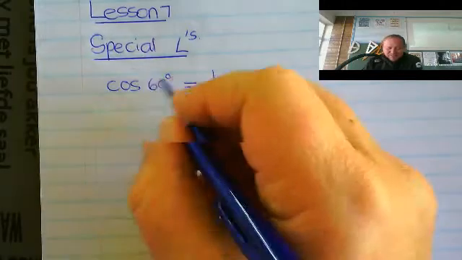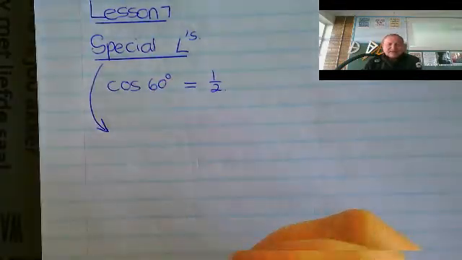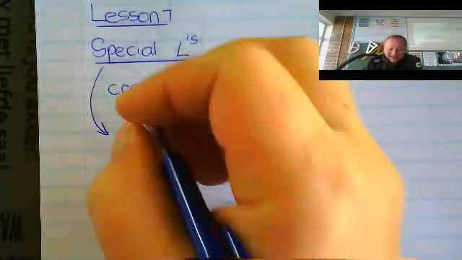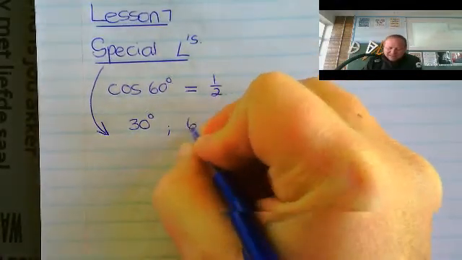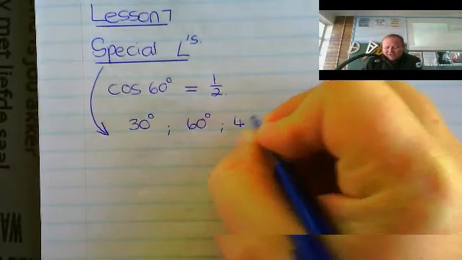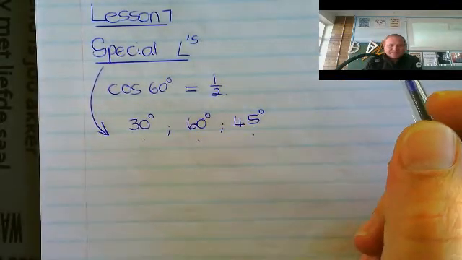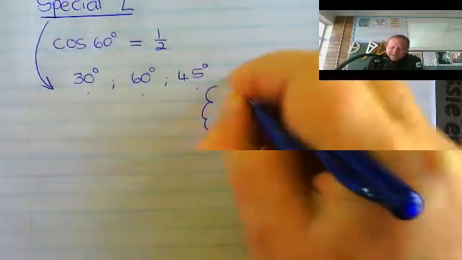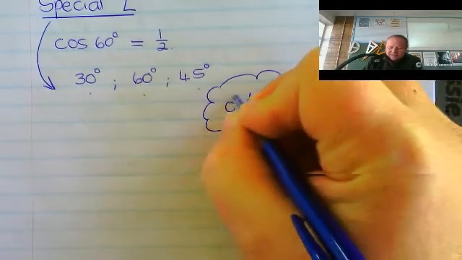Now, to calculate this without using the calculator, we must first know what special angles I'm talking about. The special angles are the 30-degree angle, the 60-degree angle, and the 45-degree angle. I'm also going to write here 0 and 90 degrees.